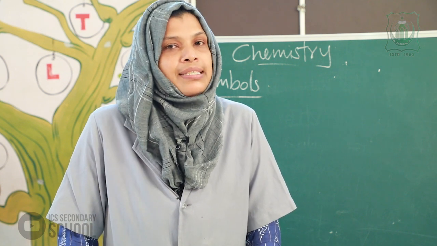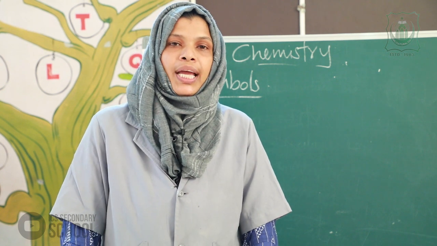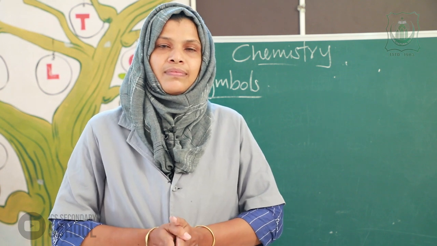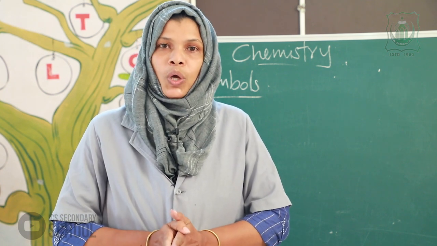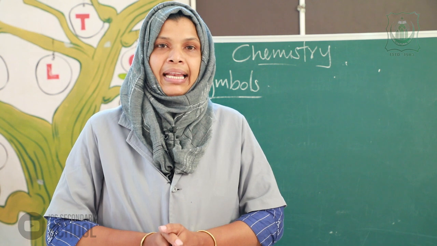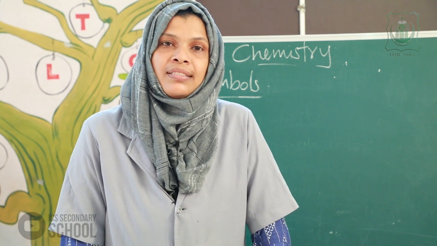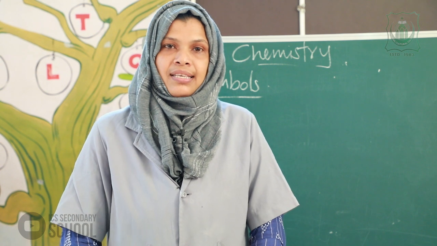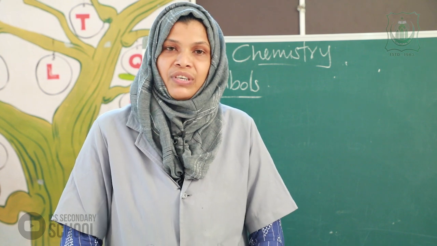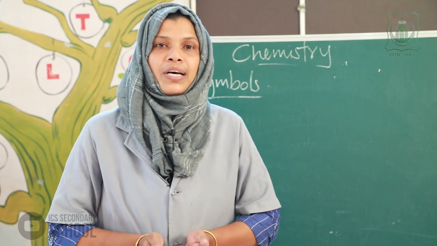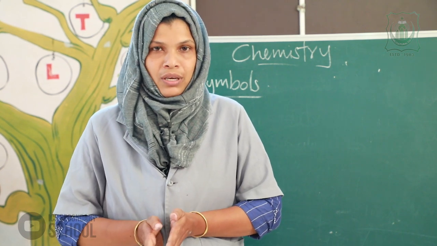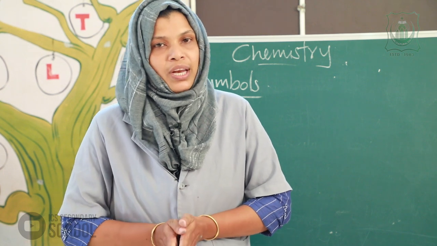Can you tell me the symbol of carbon? The symbol of carbon is C. The symbol of oxygen is O. The symbol of nitrogen is N. The symbol of hydrogen is H. Then some elements' symbols are derived from Latin words, that are sodium, potassium, copper, iron, Latin name ferrum, etc.